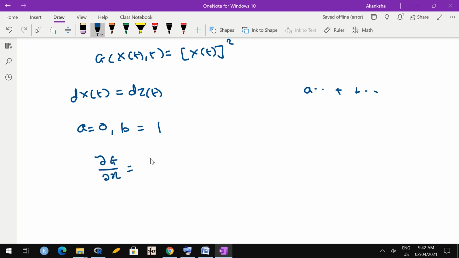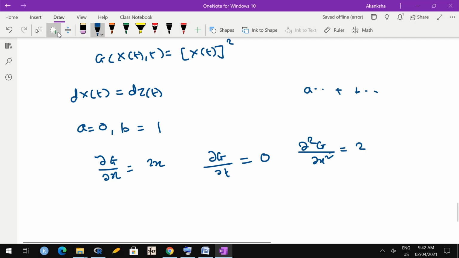So we need ∂g/∂x, the derivative of x squared with respect to x, which is 2x. ∂g/∂t would actually be 0 because t is not directly involved, t enters only through x. And ∂²g/∂x² would be 2.